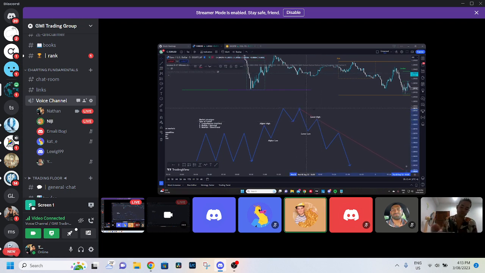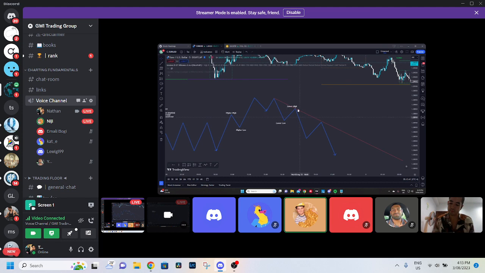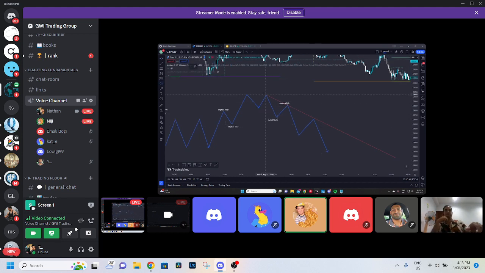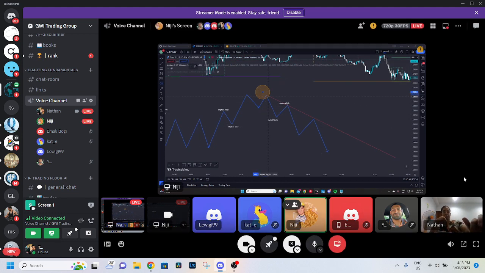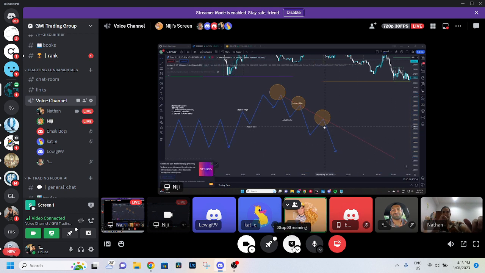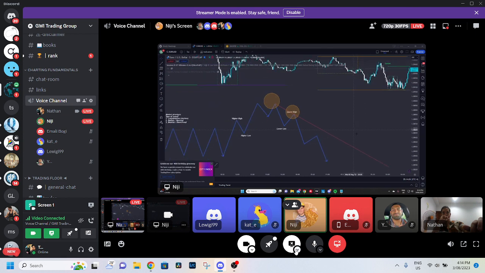So we've drawn a line and all 3 of these points here are touching. You have 1 point there, another point here, and another point here, which makes this a valid trend. If this high down here was actually like this, then your trend wouldn't work, because you don't have three areas touching.